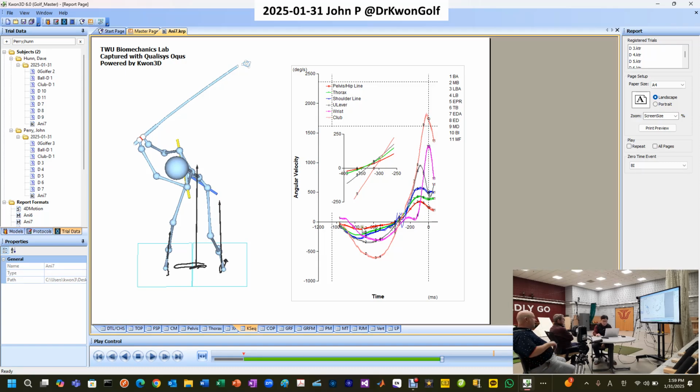Then it just slows down gradually, and you have a lot of hesitation here. And the thorax is the same here. Thorax reaches peak angular velocity here. Your shoulders reach peak angular velocity here. Then the arms and club here. So what we see is that all these peaks are happening quite early in the backswing. It's because you have an initial spinning motion.